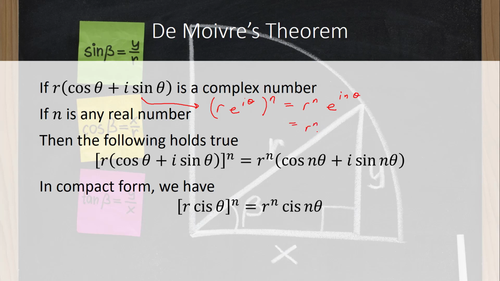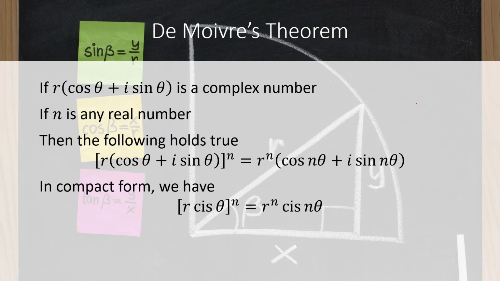Writing this in trig form, you have r to the nth power times cosine n theta plus i sine n theta. So with the use of complex exponentials, this is very, very easy to prove.